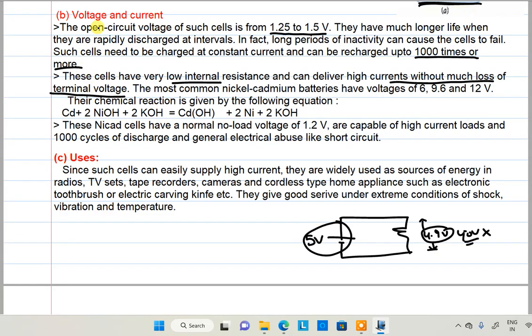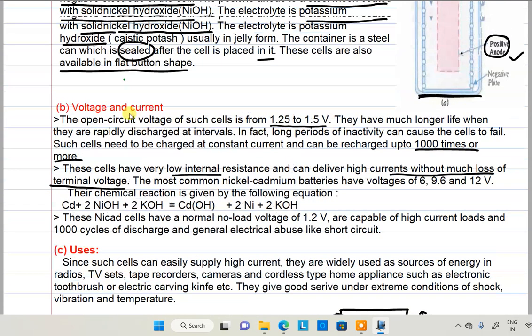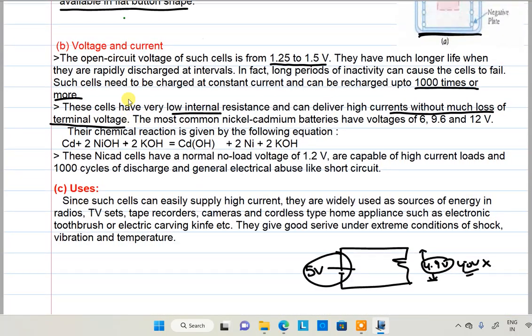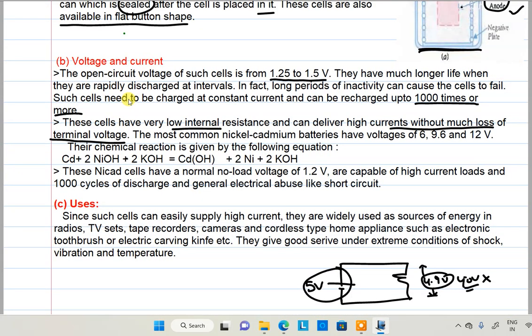But in the case of this nickel cadmium cell, the internal resistance is very low. That means whatever source voltage you give, 5 volt or 10 volt, or 1.2 volt or 1.5 volt, nearly the same voltage is applied across the load. Okay, that is a good point here. The most common nickel cadmium batteries are usually 6 volt, 9.6 volt, 12 volt. Okay, this is a chemical reaction equation.